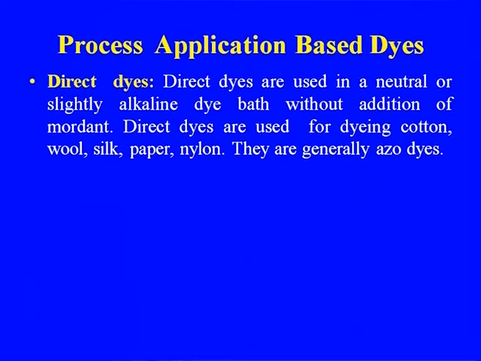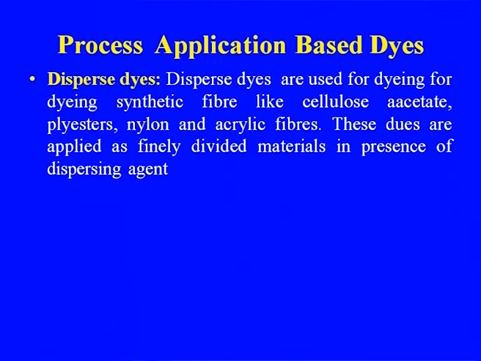Direct dyes are used for dyeing cotton, wool, silk, paper, nylon. They are generally azo dyes. Disperse dye. Disperse dyes are used for dyeing synthetic fibers like cellulose acetate, polyester, nylon, and acrylic fiber. These dyes are applied as finely divided materials in presence of a dispersing agent.